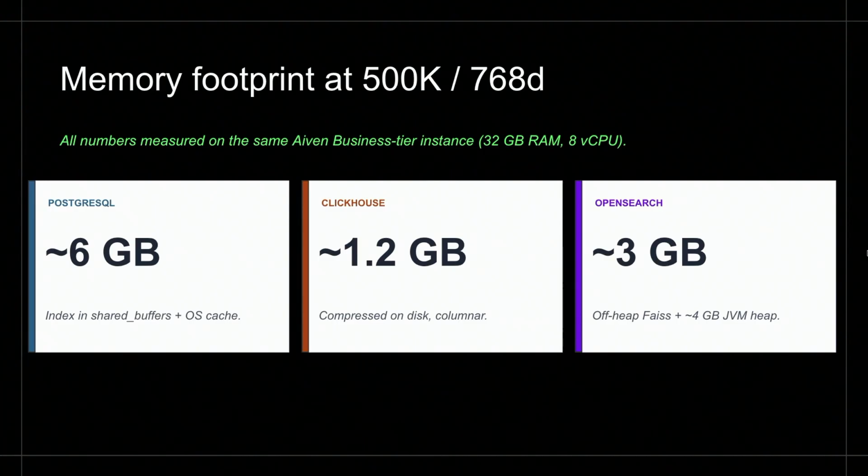It was compressed on disk and uses columnar storage, so that makes sense. Then you have OpenSearch, which used around 3 gigabytes of storage, and approximately 4 gigabytes of JVM heap space as well.